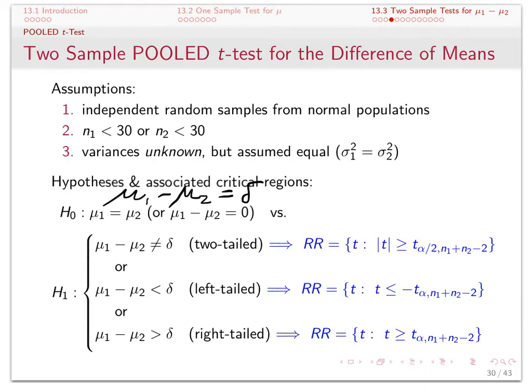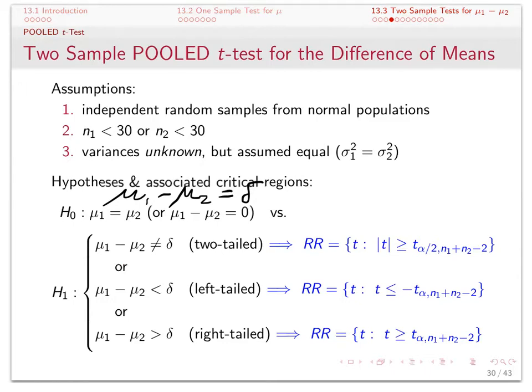This is in contrast to our alternative hypotheses, which would say, for the two-tailed hypothesis, that mu1 minus mu2 is not equal to delta, or 0 if our delta is 0, and our rejection region then would be the set of t values where the absolute value of t is greater than or equal to a t alpha over 2 score, which is computed using n1 plus n2 minus 2 degrees of freedom.